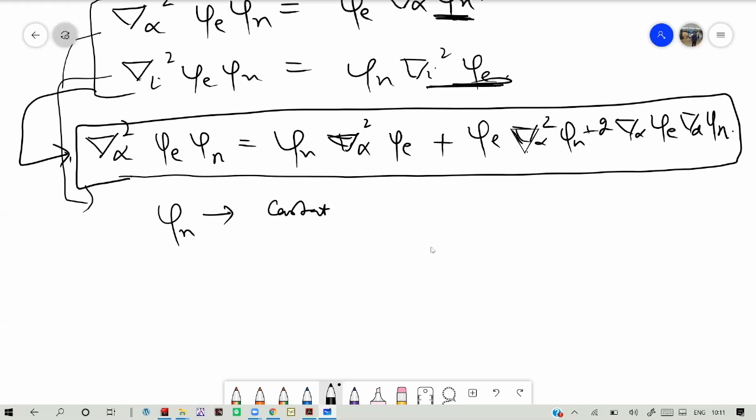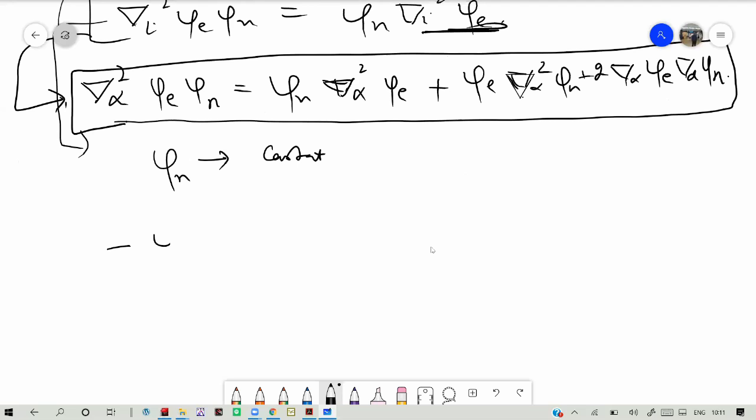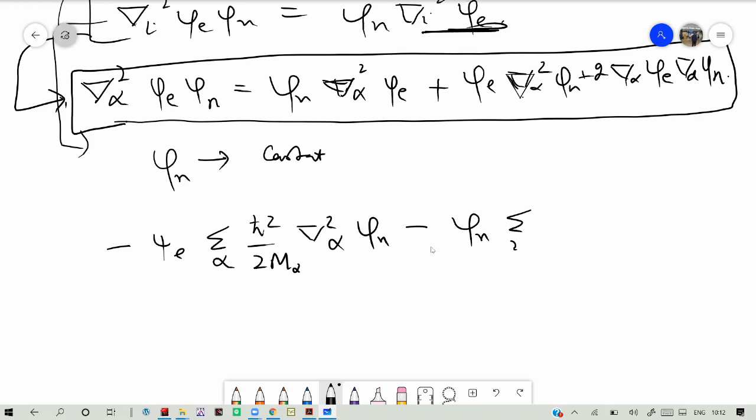Now when you use these approximations here, minus of, I can write psi e summation over alpha h cut square divided by 2m alpha, two m, it can be I here.